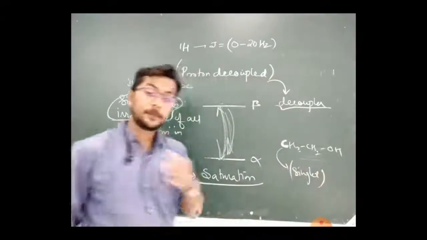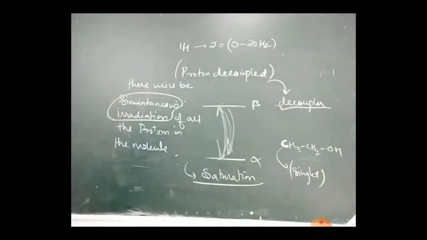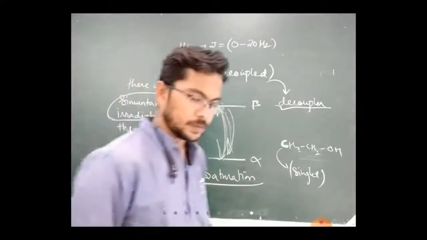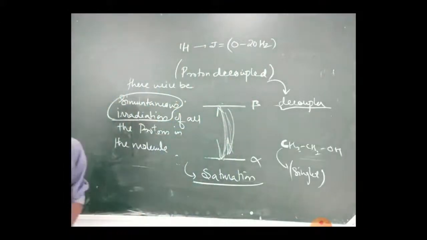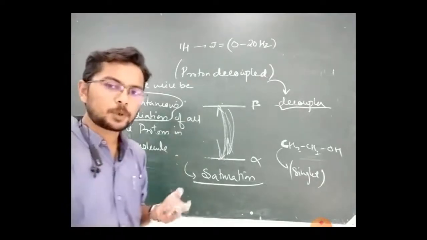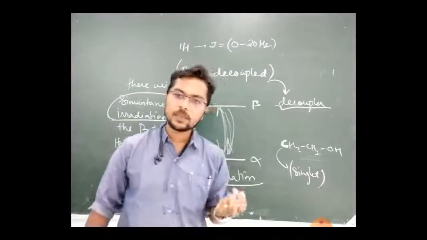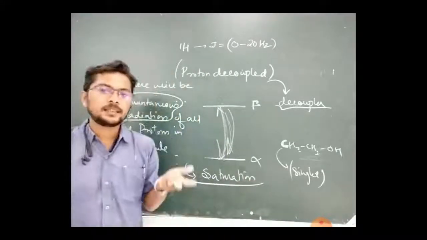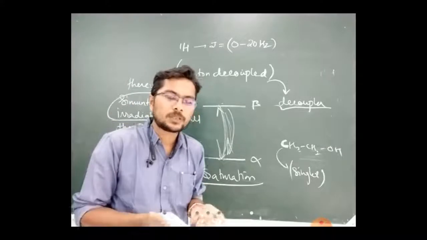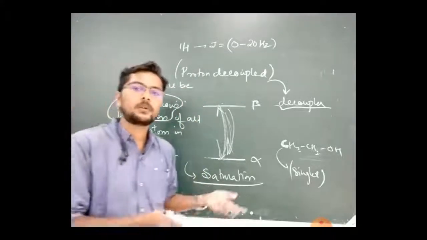Is it clear? So we studied proton coupled spectra and we studied proton decoupled spectra. In proton coupled spectra, the carbon 13 signal was split into singlet, doublet, triplet, quartet.